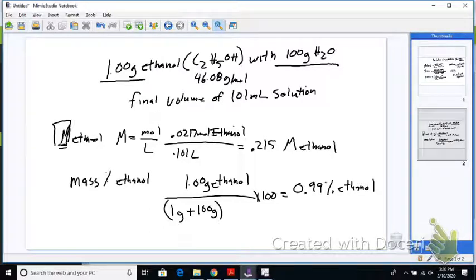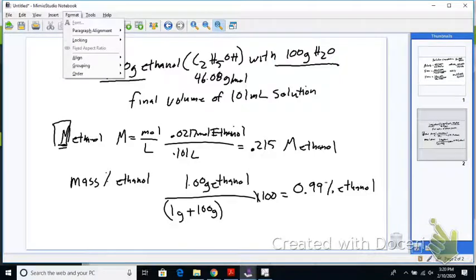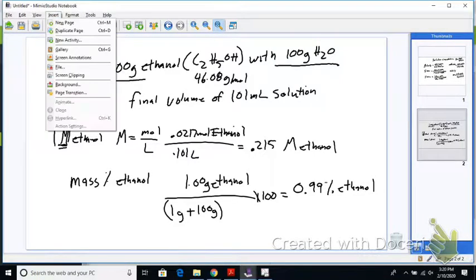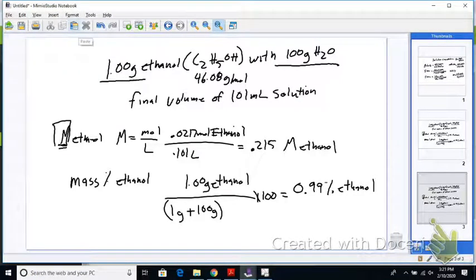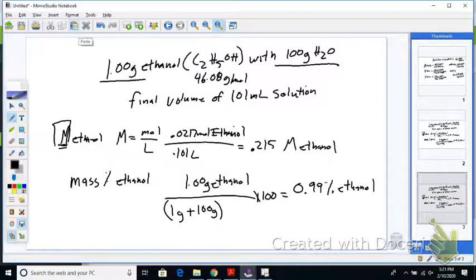Okay. Mole fraction. That's the next one. So we can go ahead and do mole fraction. That's moles of solute over total moles of solution.